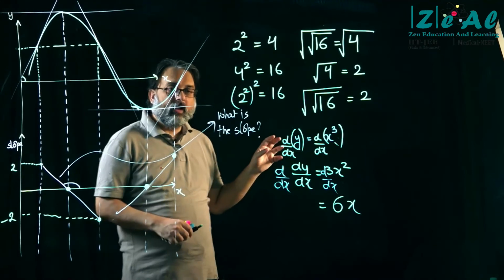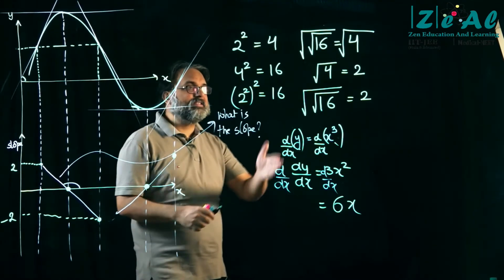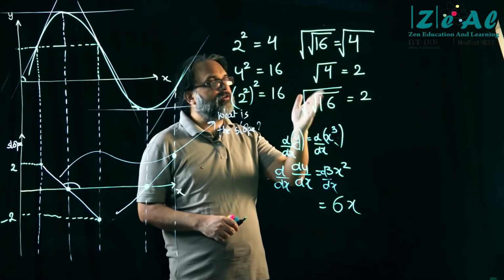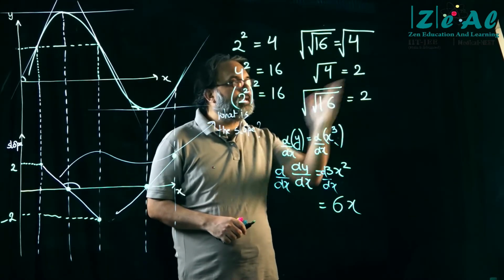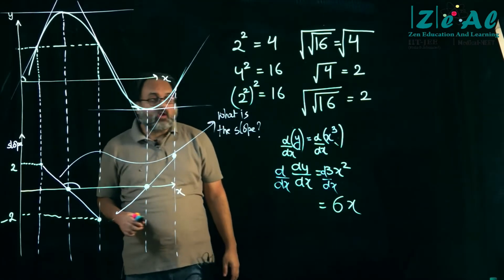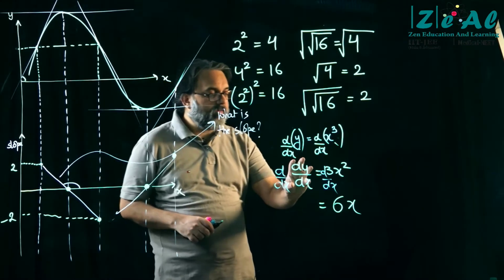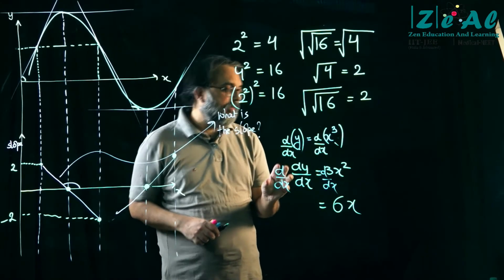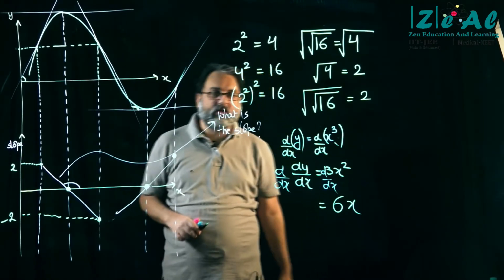Okay. And now I say that look, I can apply the operator on any function twice. So on this expression dy by dx is equal to 3x square, I apply d by dx on the left hand side and I apply d by dx on the right hand side.